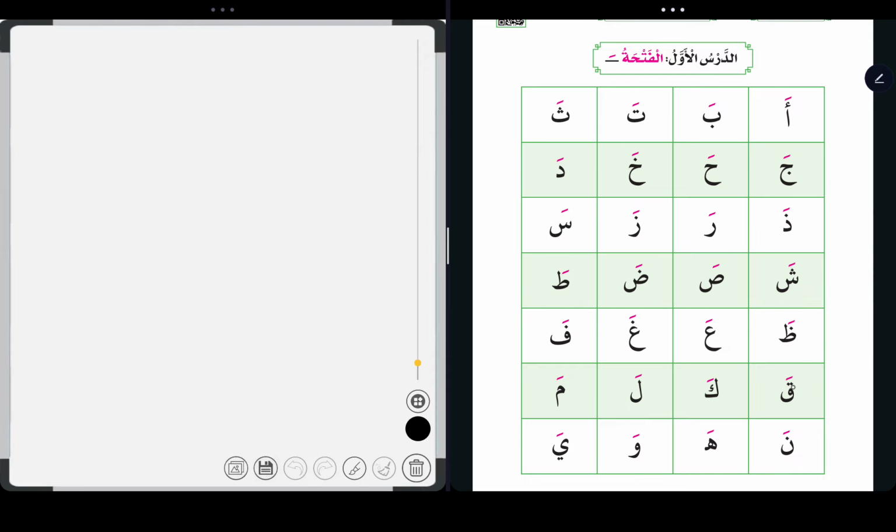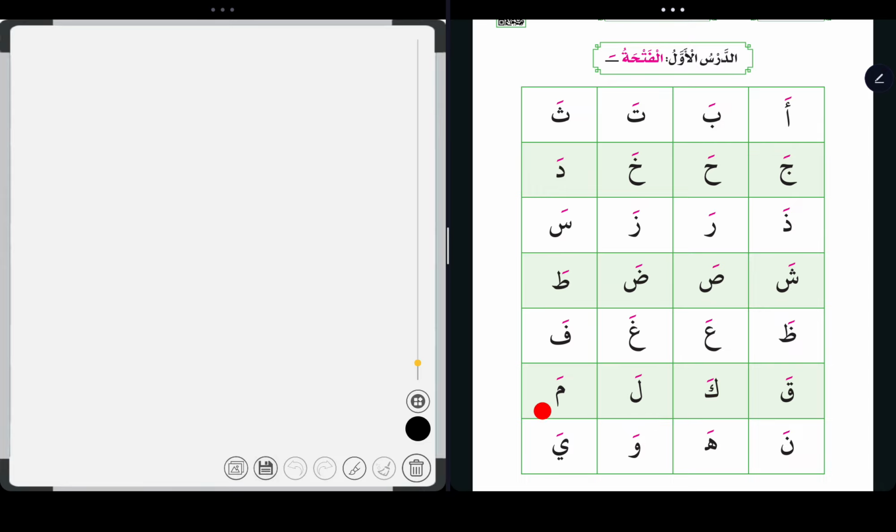So when it has fatha, it is qa, ka. Qaf, when it has fatha, is qa. And kaf, when it has fatha, is what? Ka. So lam, when it has fatha, becomes la, la, la.